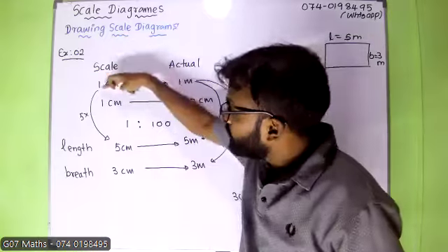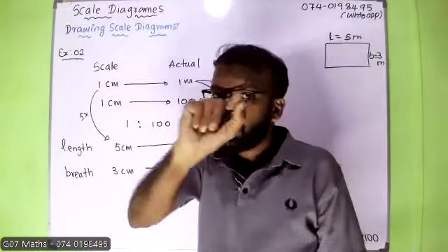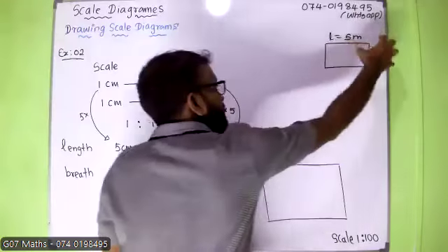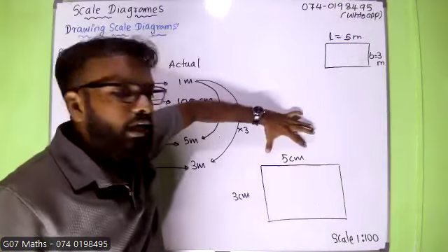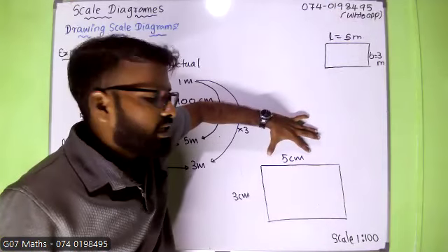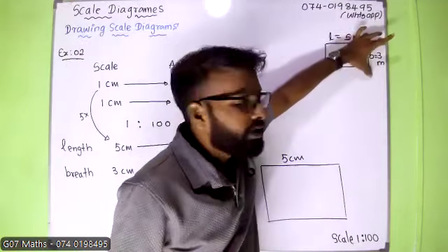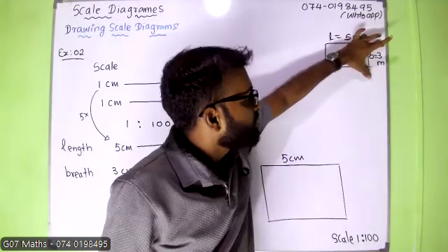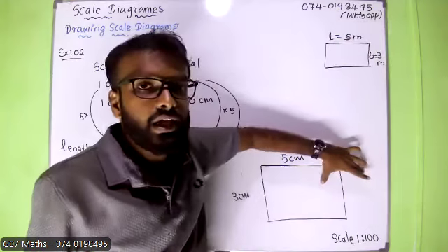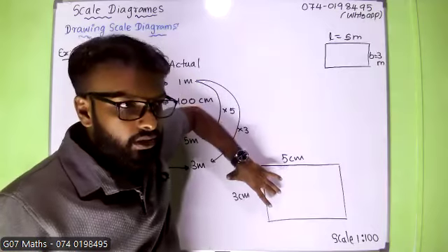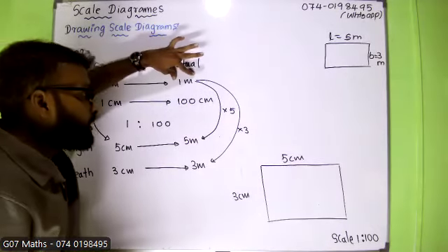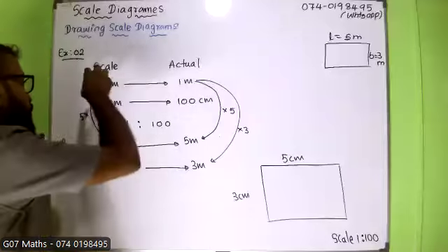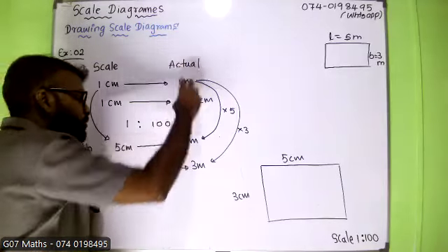By using this scale, you are going to represent this actual length. You are going to convert this 5 meters into scale centimeters, and this 3 meters into scale centimeters. So 1 centimeter represents 1 meter, then 5 centimeters represent 5 meters.